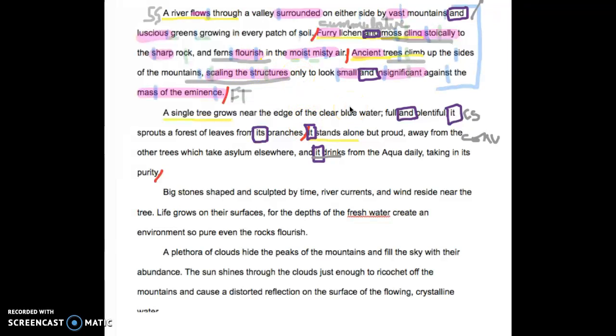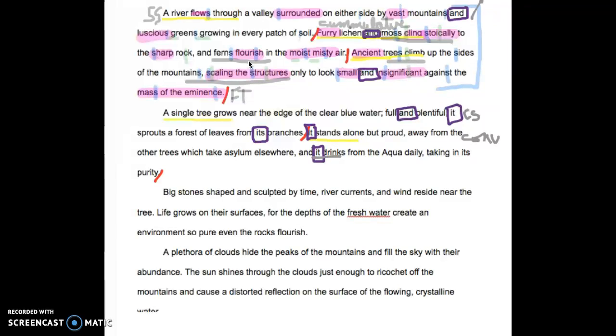The last thing to point out that you should be doing is underlining the rhetorical devices. And I did do these in gray, but your rhetorical devices add a lot of feeling and additional imagery to the piece. I believe these happen to be almost personification of the flora in the forest.